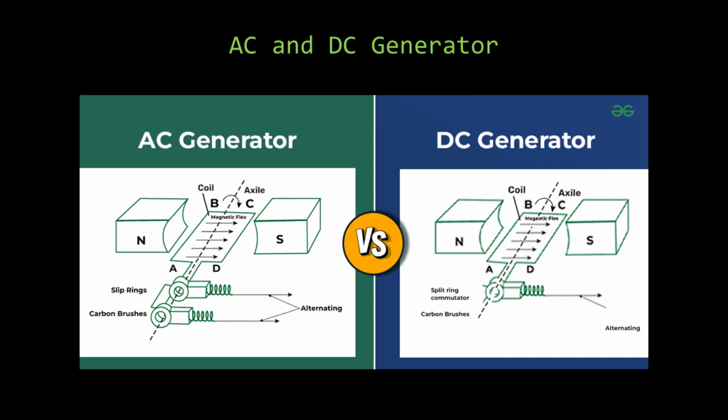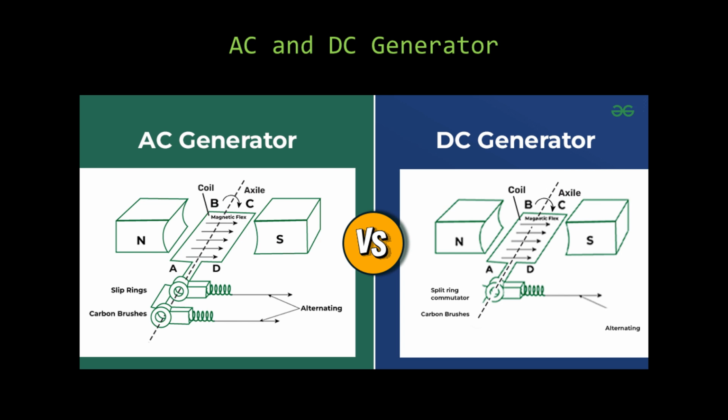to an external circuit. On the other hand, a DC generator also has a coil rotating between magnet poles, but it uses a split ring commutator instead of slip rings. The commutator reverses the coil's connection to the external circuit every half turn, ensuring the current flows in one direction, producing direct current, DC.